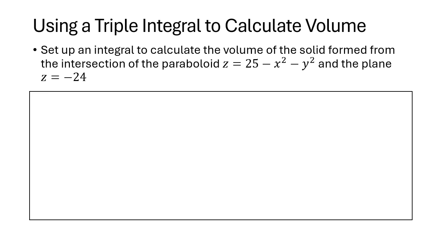As a demonstration of this, let's set up a triple integral to calculate the volume formed from the solid that results in the intersection of the paraboloid z equals 25 minus x squared minus y squared and the plane z equals negative 24.